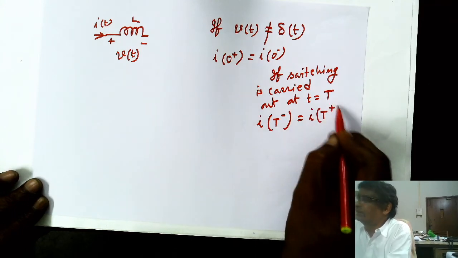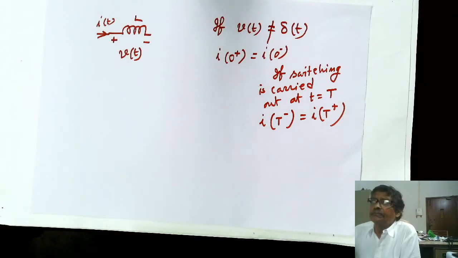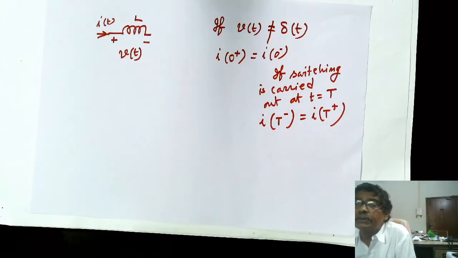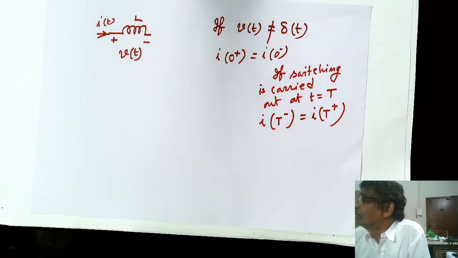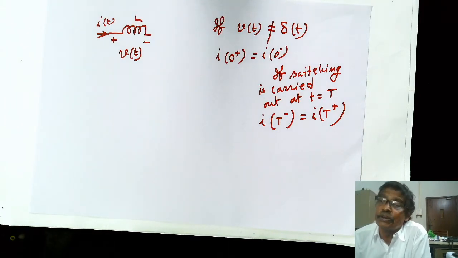Of course, you understand this. That is, previous to that time, how much current was there in the inductor, you find out, and that must be equal, because current through an inductor should be continuous.